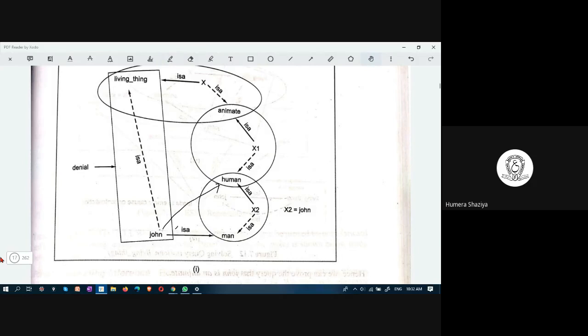Further, when we bind John to x1, in place of x1, if you put John here, we get John animate, and when it is bound with is a, we get John is a living thing.